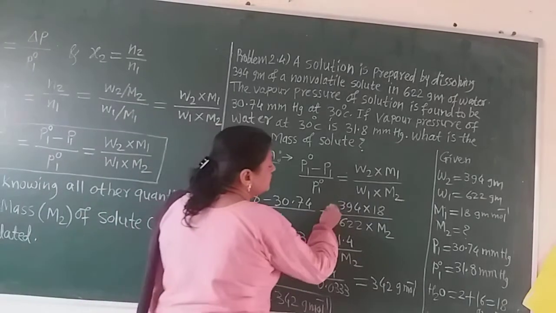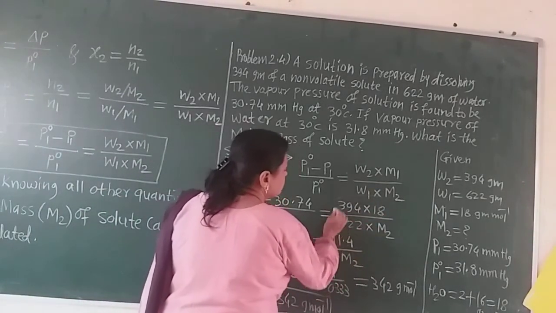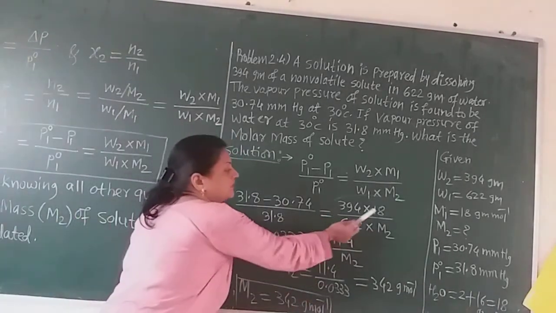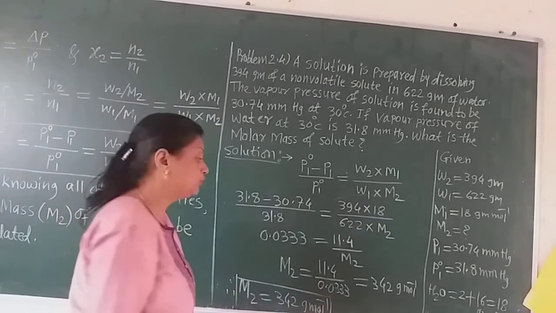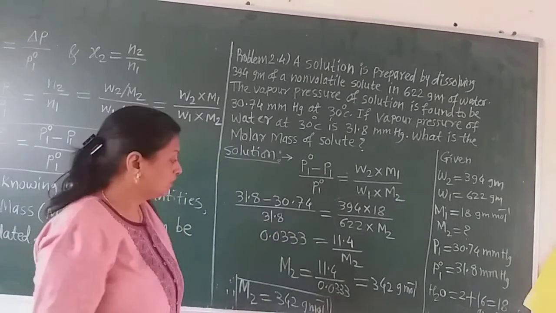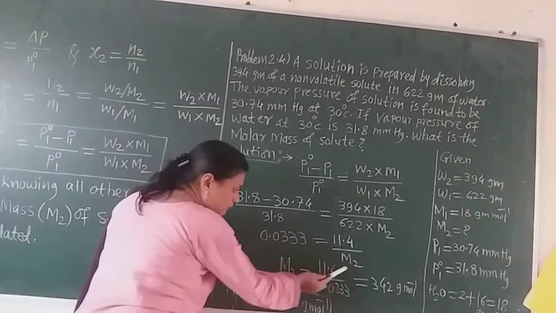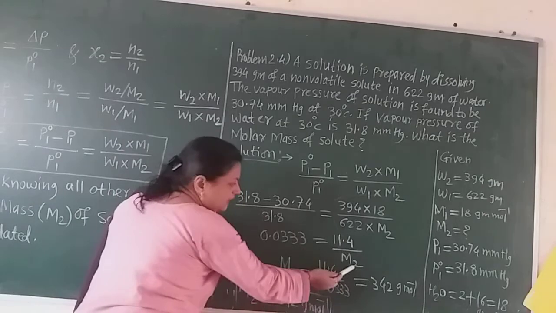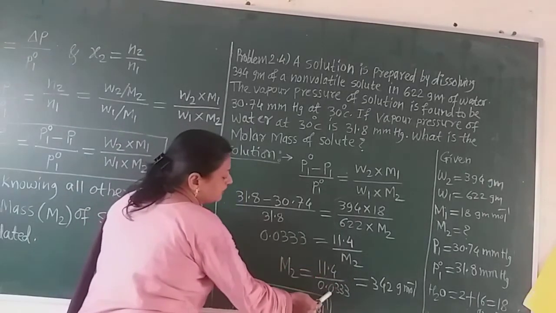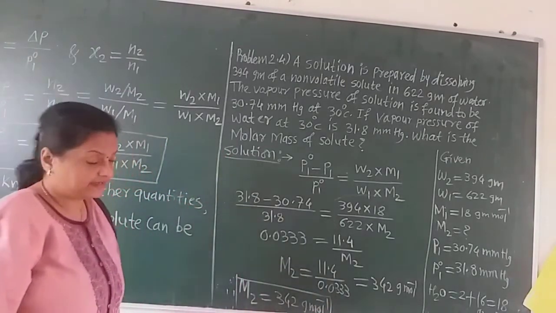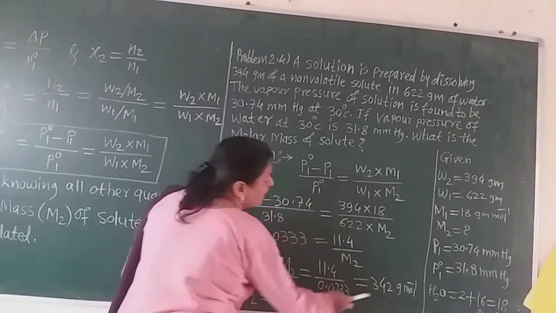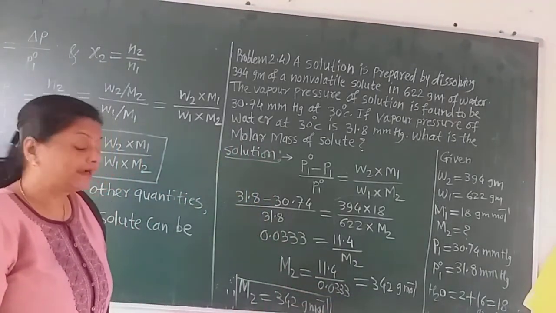Then the value of this quantity is 11.4, multiplied by M2 as it is. Now we have to calculate M2. So M2 comes here and this goes to the denominator. So M2 is equal to 11.4 divided by 0.0333. On calculation, the value comes to 342 grams per mole.